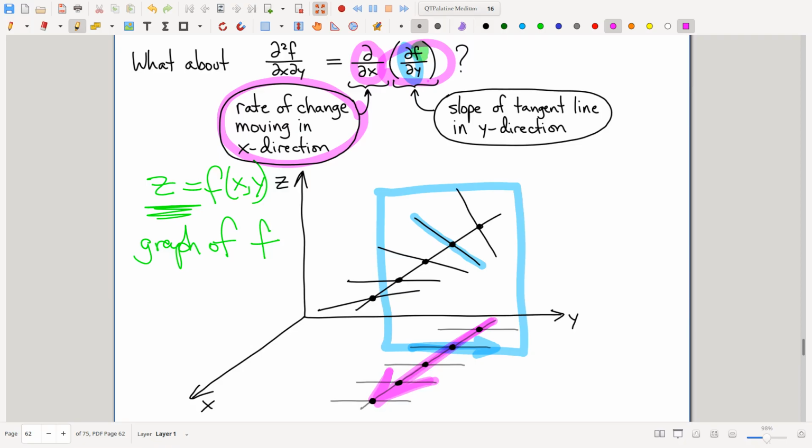So how fast are these y partials changing as I move in the x direction? In other words, what is this x partial? Well, it appears to be positive. So the conclusion I would have, if this is what these tangent lines look like, is that this x partial of the y partial appears to be positive.